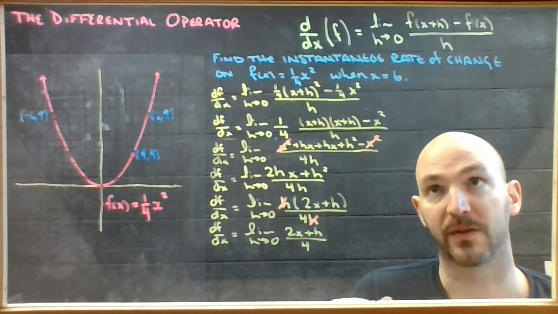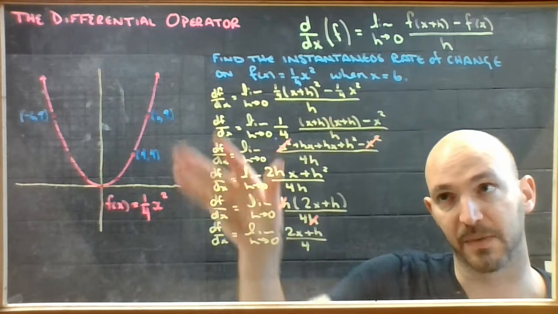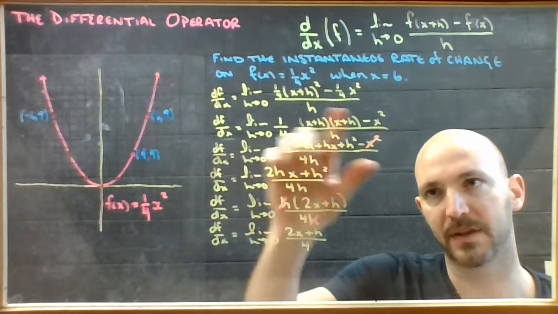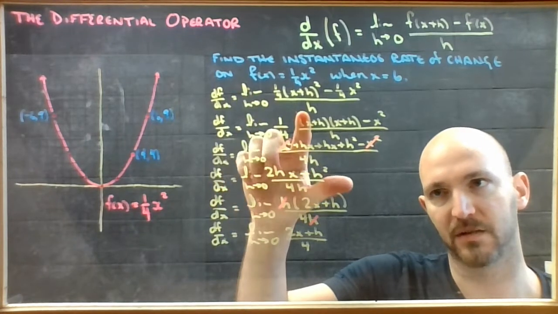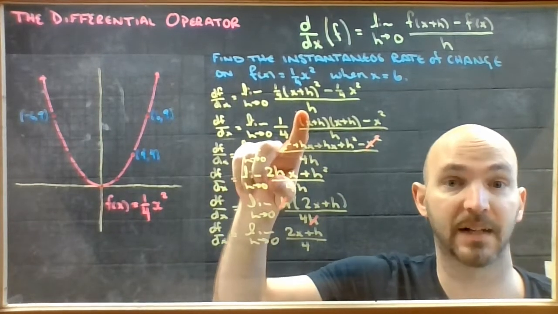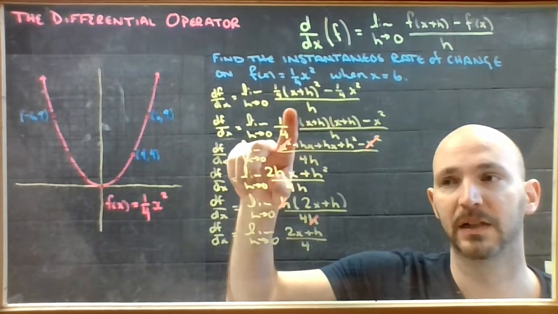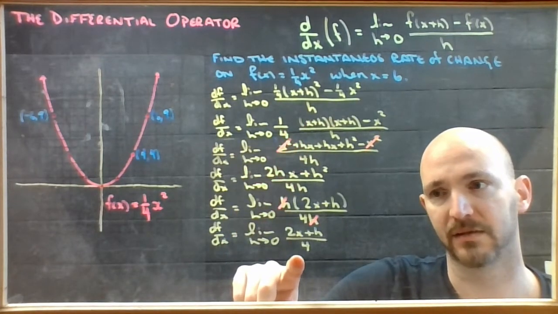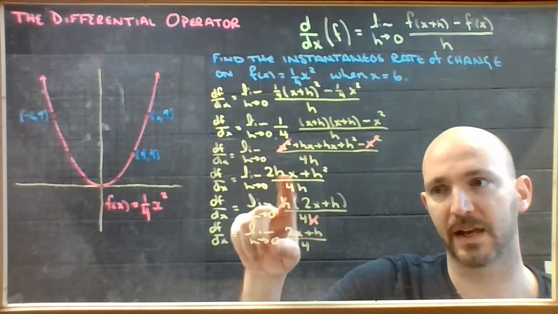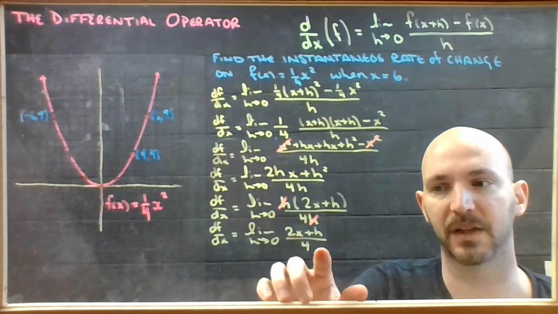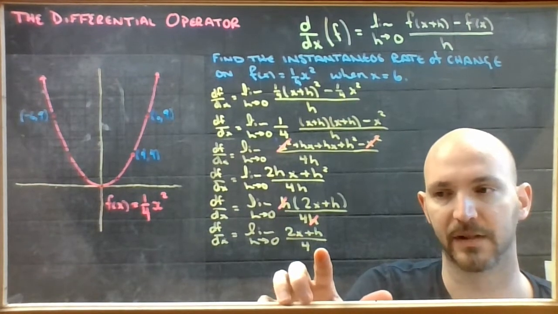Now, something you would have come across in the instantaneous rate of change is that in this limit, up at this line, I couldn't put the 0 in for h because I'd be dividing by 0, and that's forbidden. It creates an indeterminate form. But down at this line, because I did all this expanding and factoring and manipulation of the expression, I ended up eliminating that h in the denominator.